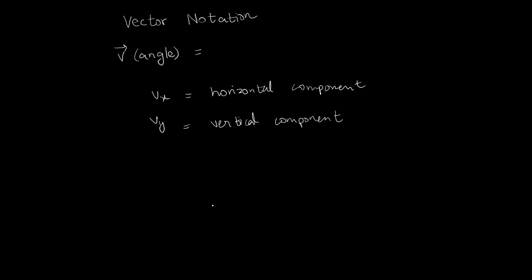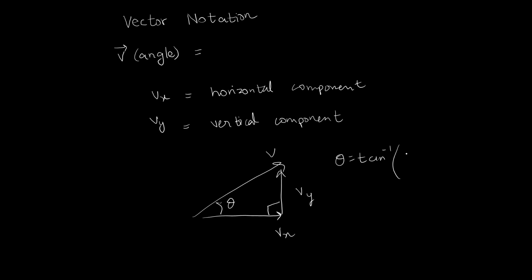For example, if this is angle V, this line would be Vx, if it's horizontal, and this would be Vy. Now we know that this forms a right angled triangle, and if we know the values for Vy and Vx, we can always find theta by using tan theta, and hence theta would be tan inverse.